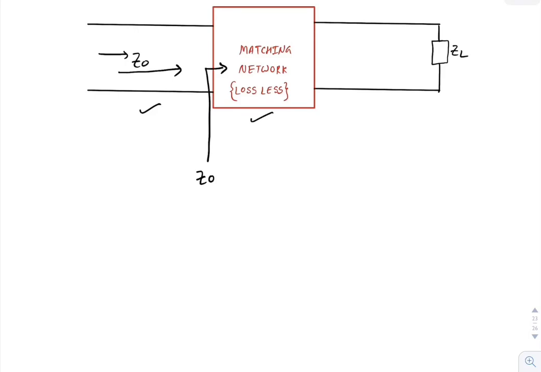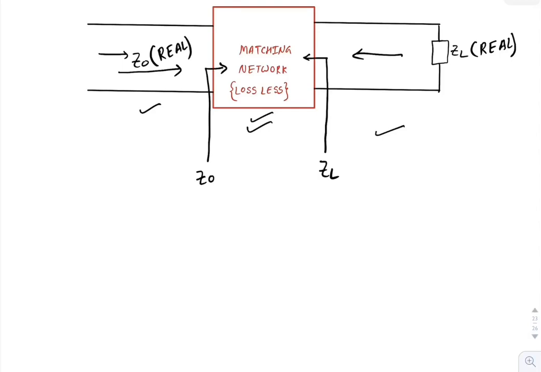The second part of this matching network is, when you see from the load point of view, this matching network has to provide an impedance of ZL so that maximum power transfers from the matching network to the load. In order to reduce the complexity of the problem, let us say this load is a real value and I want to match this real value of load with the characteristic impedance of the transmission line, which is also real in nature.